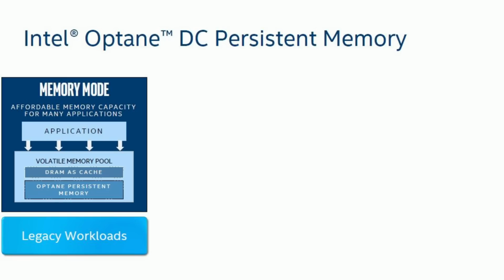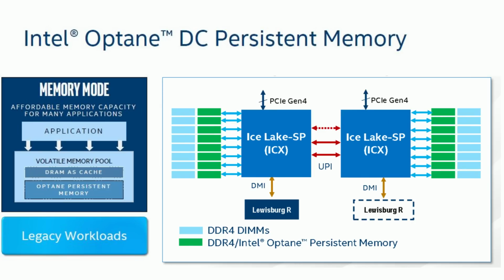So if you have 2 terabytes of Optane DC persistent memory, you essentially have 2 terabytes of DRAM in your system. You could have conventional DDR4 memory in that system, say 128 gig sticks, and that would act as a caching layer for your Optane. So you ended up having this sort of caching layer for your Optane DC persistent memory.